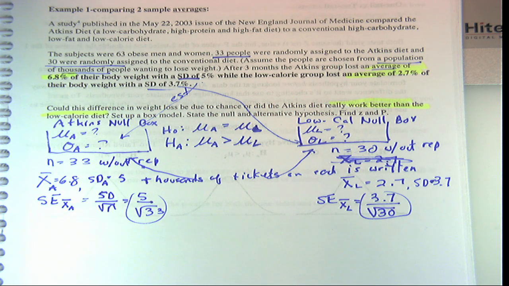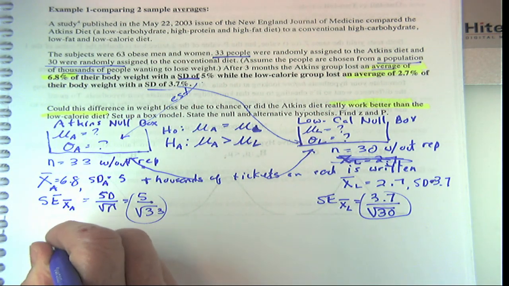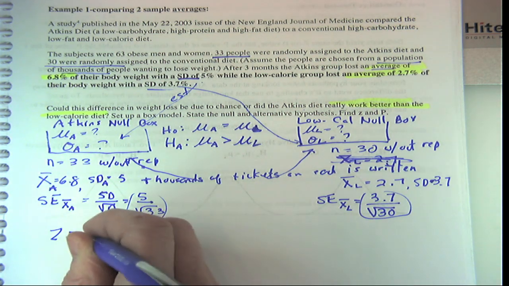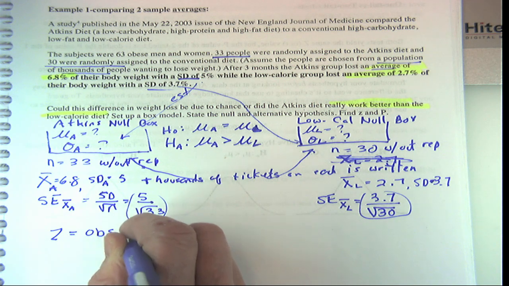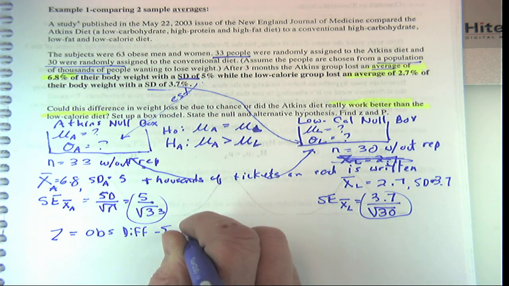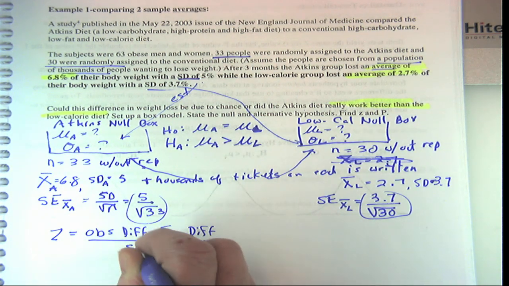All right, so let's do that. Remember, our z is just the observed difference minus what we expect under the null, over the standard error for the difference.